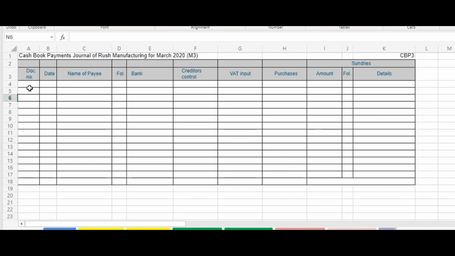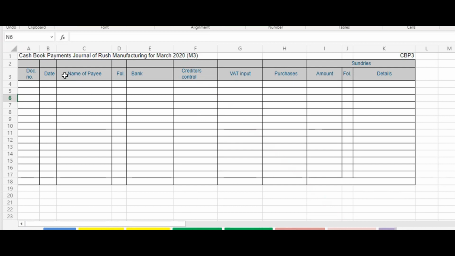It's a little bit different in the cash book payment, because with the other journals we had document number, date, details, and folio. Here we don't really have details, although if you wrote details, I don't think anybody would penalize you.